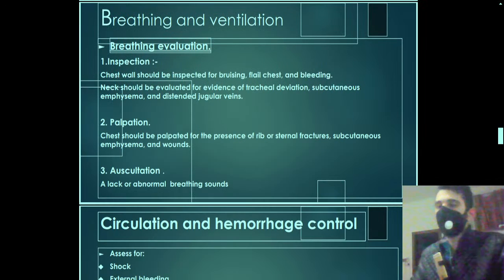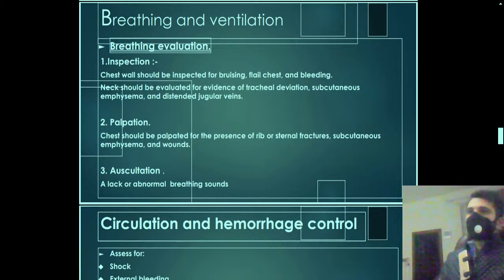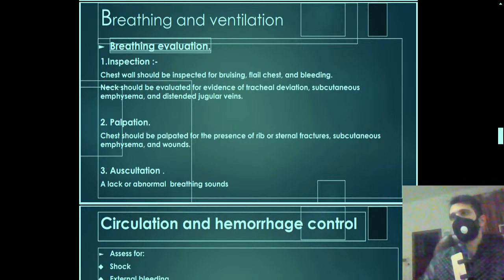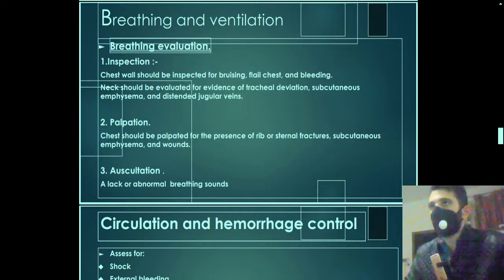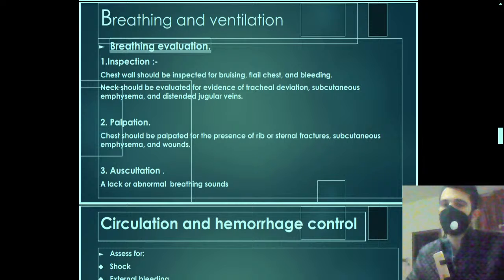Breathing and ventilation. First, we do the inspection, palpation, and auscultation. Inspection includes looking to see if the chest has any bruising and subcutaneous emphysema, and distended jugular veins. Sometimes it is distended.